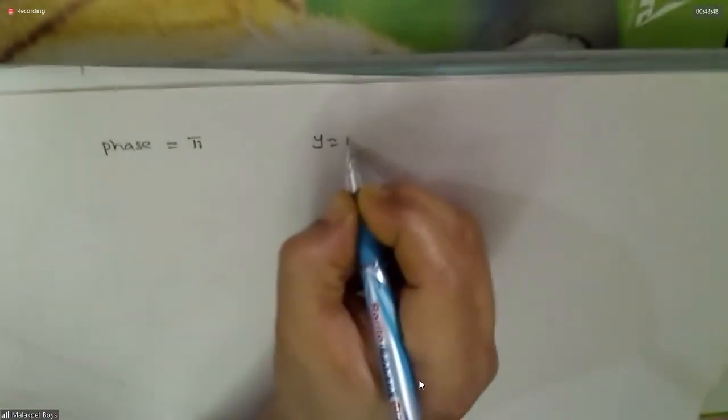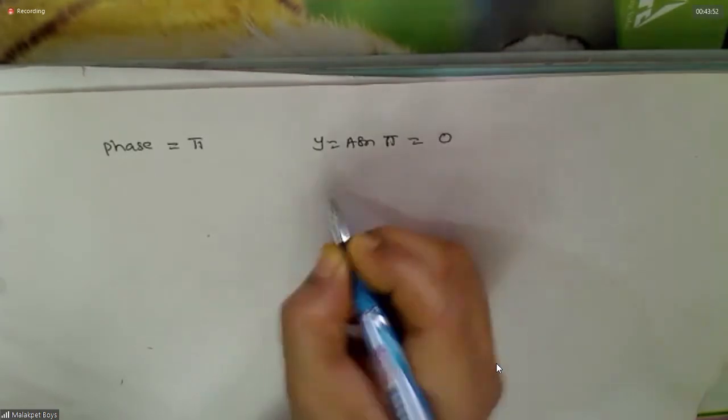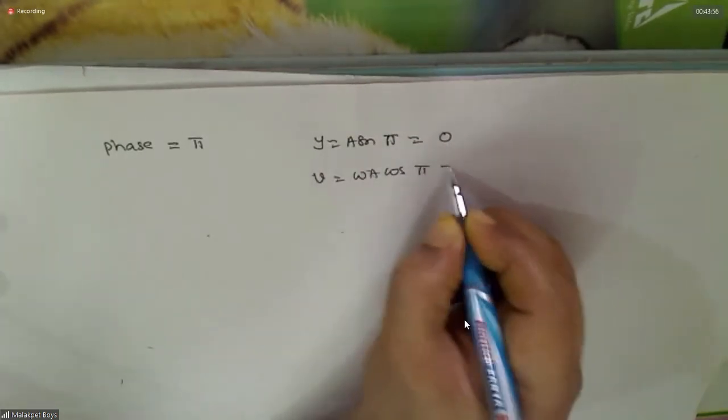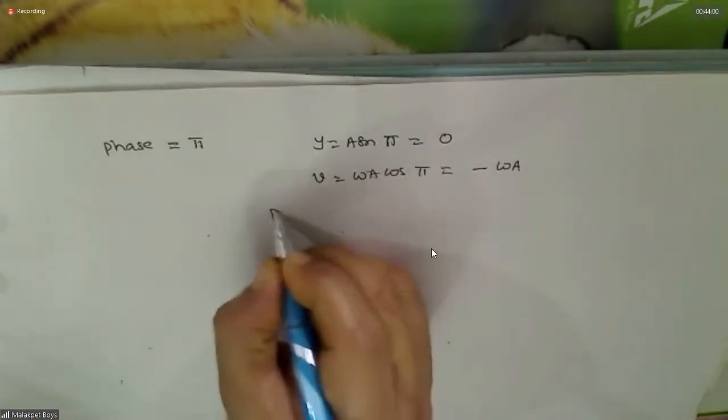Now suppose you have the situation with phase pi, then tell what is y. It is zero and velocity is negative. What is the meaning of that?